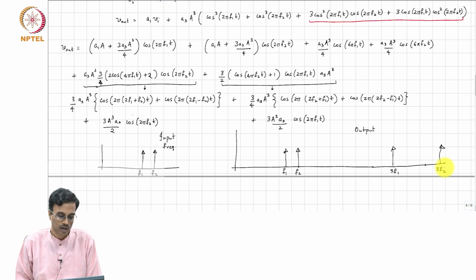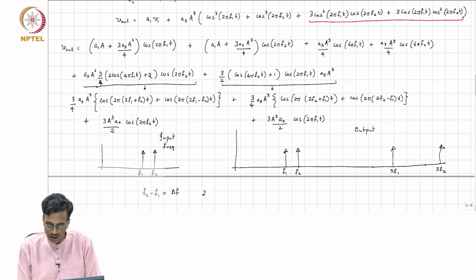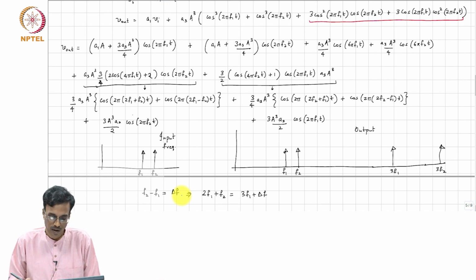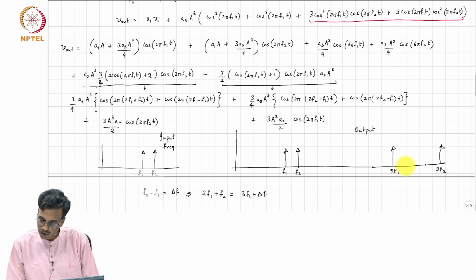There is 2 f1 plus f2, which, if you assume f2 minus f1 is delta f, is nothing but 3 f1 plus delta f.